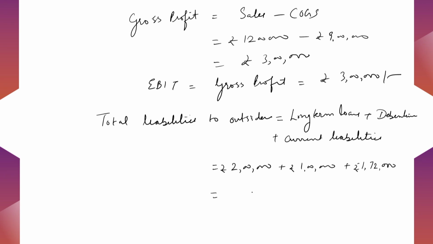So the total of liabilities to outsiders will be 4,72,000 for our computation purposes.